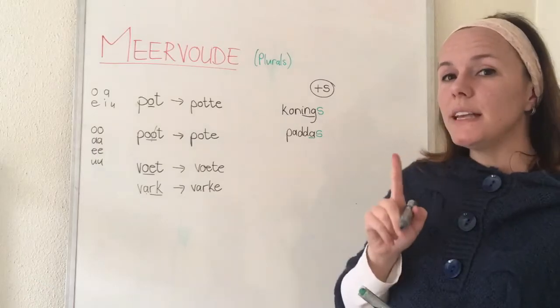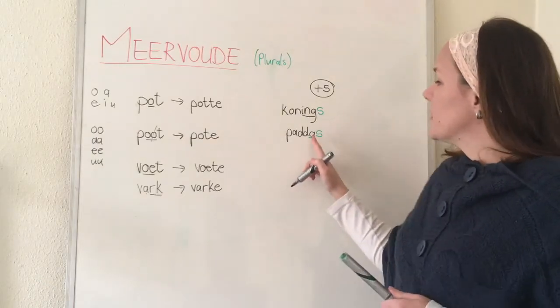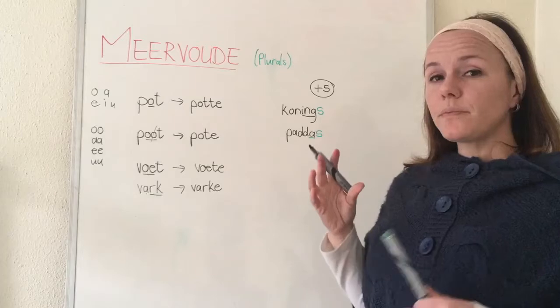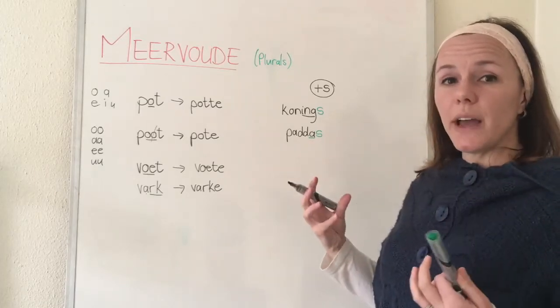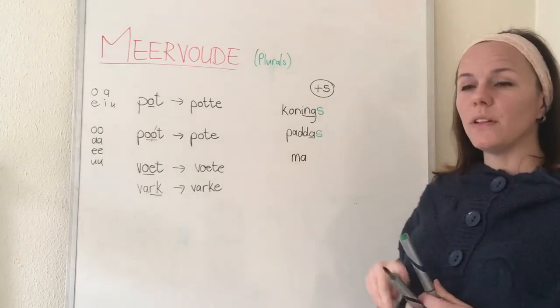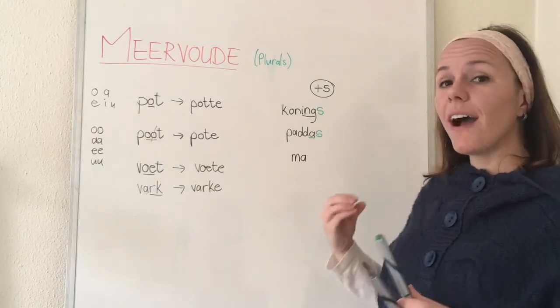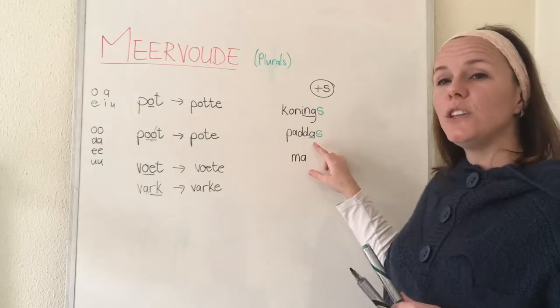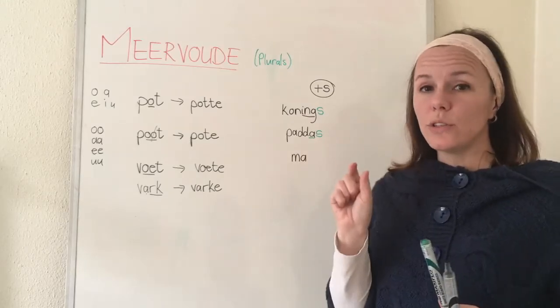But please pay attention on whether the vowel at the end is accentuated. So if we think of the word ma, for example, that's a long R sound, not a short A. Pada ends with a short A sound. It's a short sound.